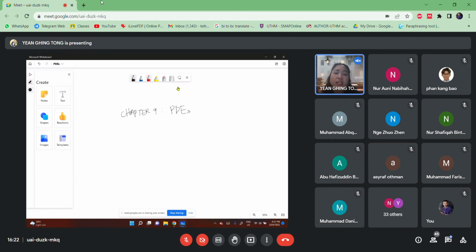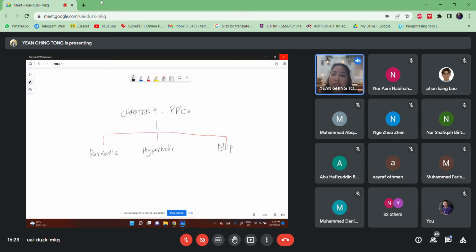Okay. Here, for PDE, we have basically three categories. The first one is parabolic. The second one is hyperbolic. I guess you learned this PDE already in your last class, maybe in calculus or engineering maths, I'm not sure.